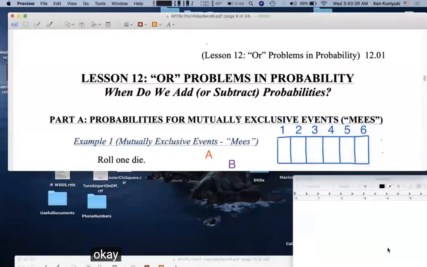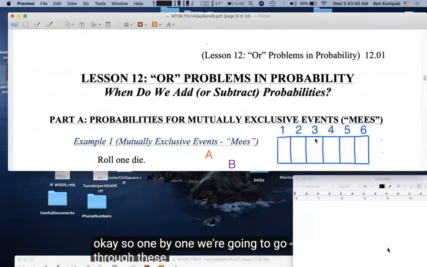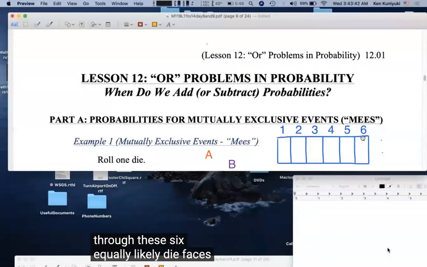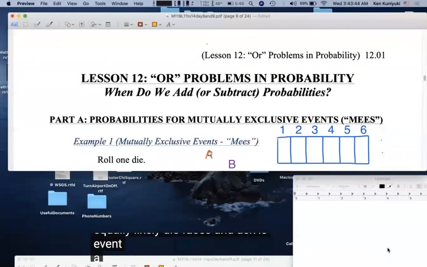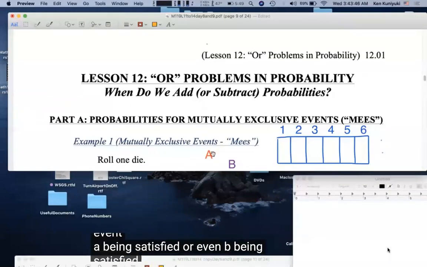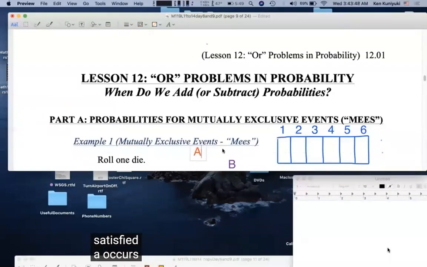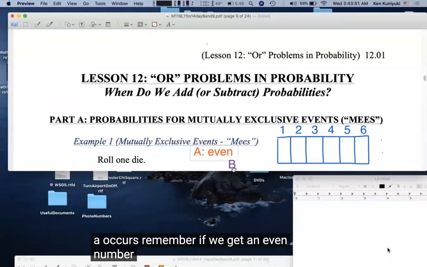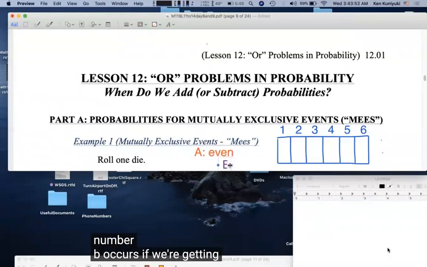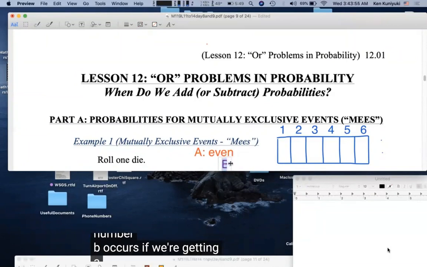So one by one, we're going to go through these 6 equally likely die faces and ask, is event A being satisfied or event B being satisfied? A occurs, remember, if we get an even number. B occurs if we're getting a 5.